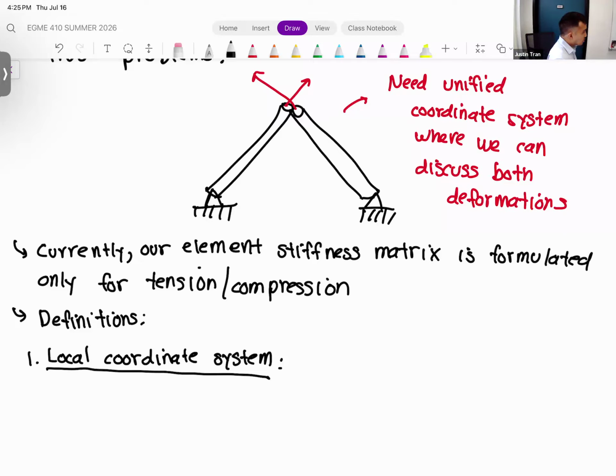Okay, so the local coordinate system, you can think of it as a system that is specific to the orientation of a specific element.